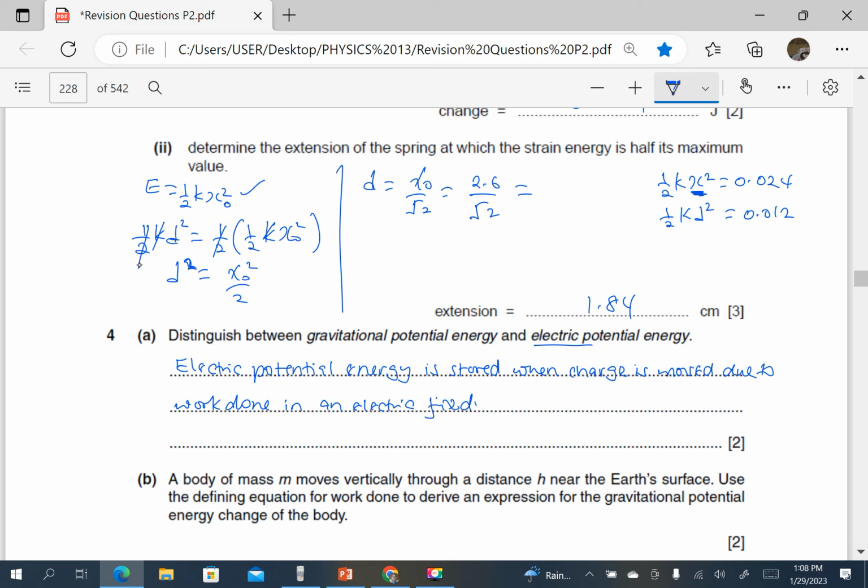That is for electric potential energy. It is stored when charge is moved due to work done in an electric field.